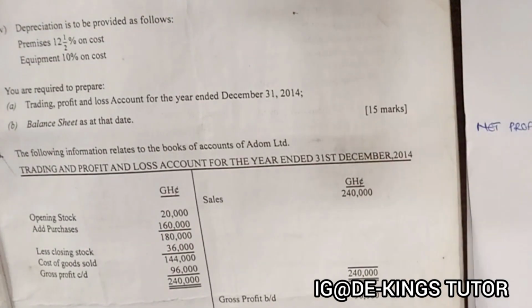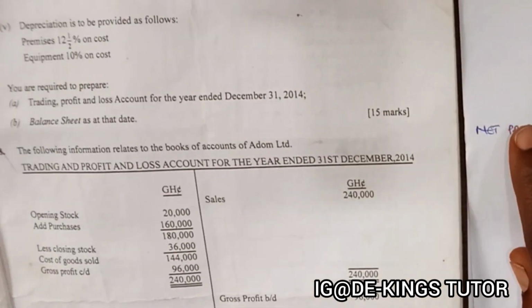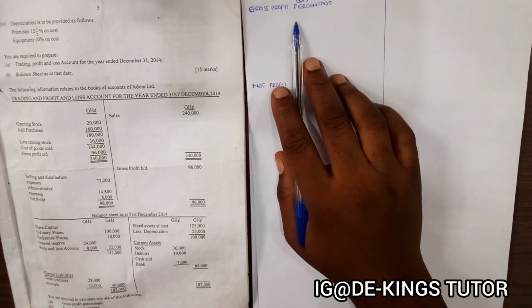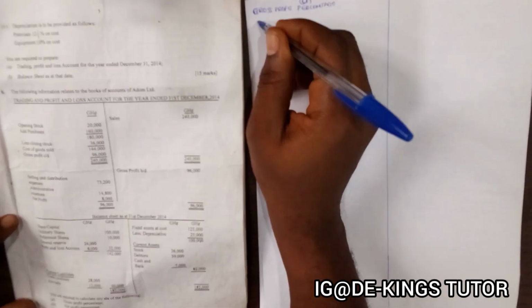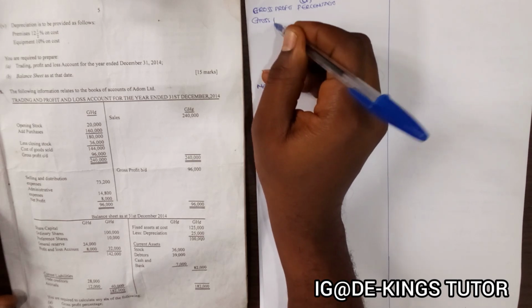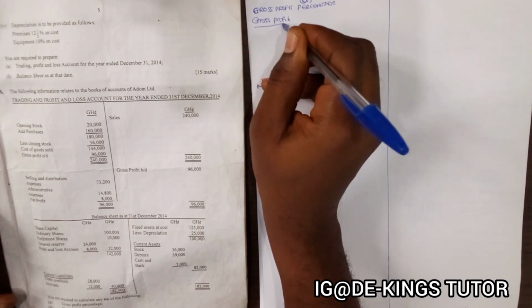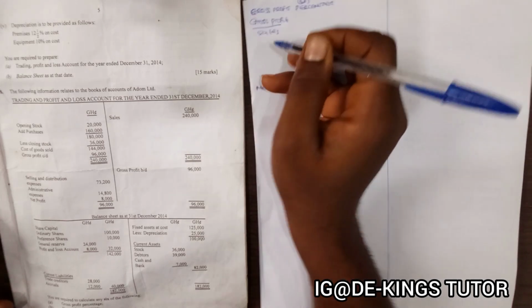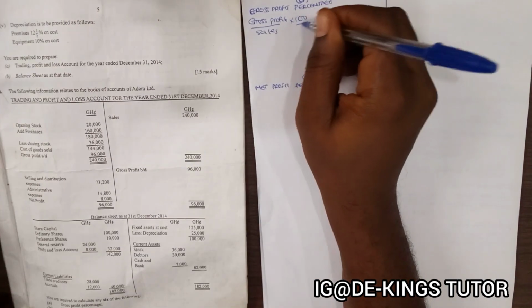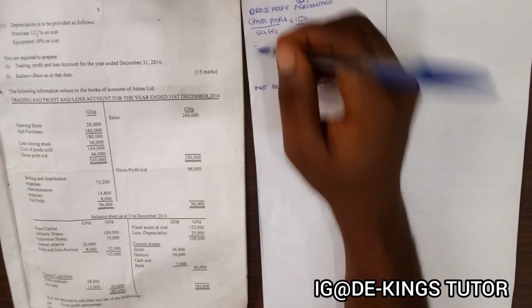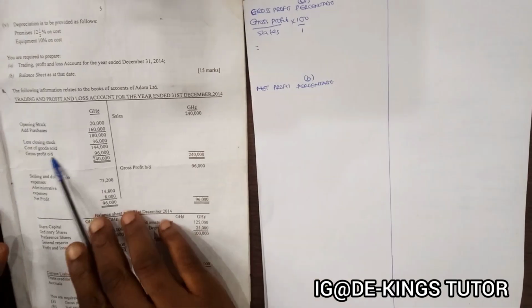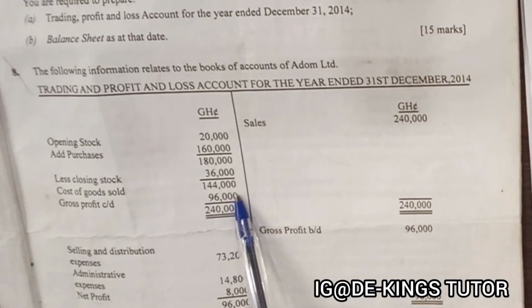Okay? So let's start with the first one, which is the gross profit percentage. The formula for gross profit percentage is gross profit over sales times 100 over 1. Now, from the question, the gross profit here is 96,000.